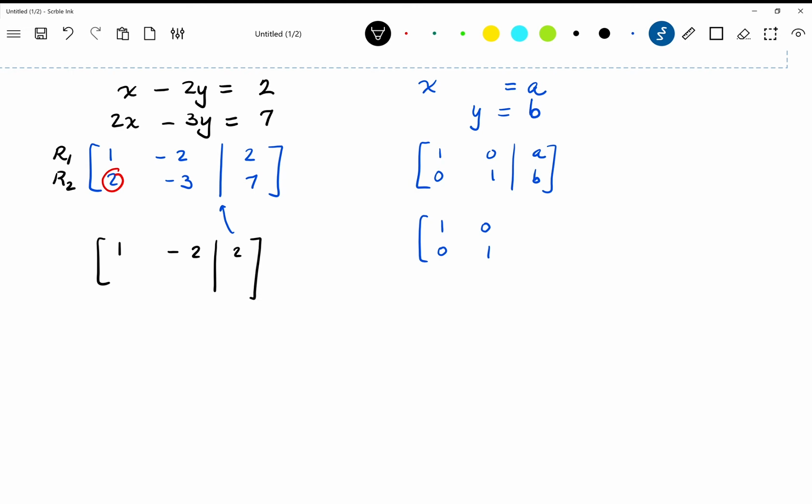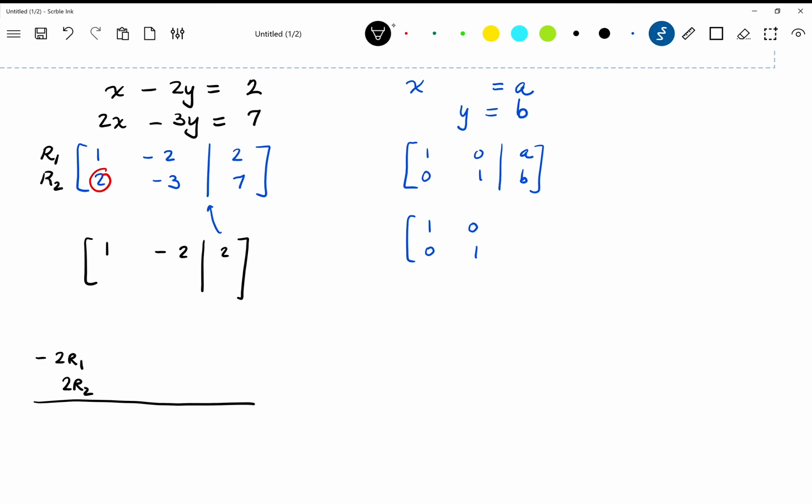So think about elimination. With the original system of equations, I want to get rid of the x in the second equation. So I'm going to multiply the first row by -2, and I'm going to add it to the second row. And I'm going to make that the new R2. So -2 times row 1. Well, -2 times this row right here just means I multiply each number by -2.